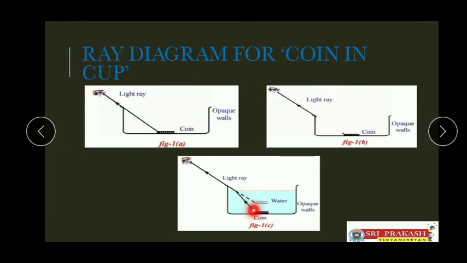So here we need to learn how light rays deviate as they travel from one optical medium to another. Here the first optical medium is water and the second optical medium is air. As it travels from water to air, it bends, hence the observer can get the view.